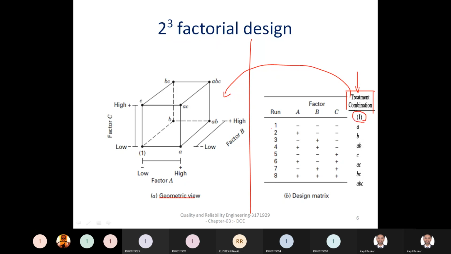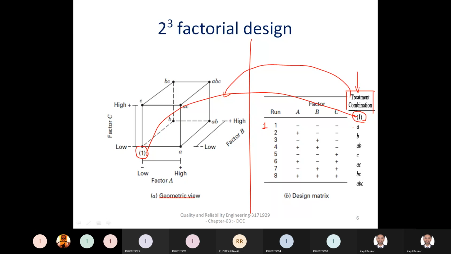Suppose consider here 1. This one is 1. So first treatment is 1. So here in 1, what happened? Low. All the factors are low. Minus, minus, and minus. First combination or first treatment is low.